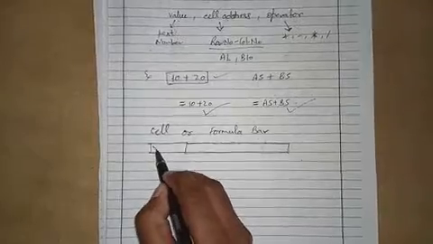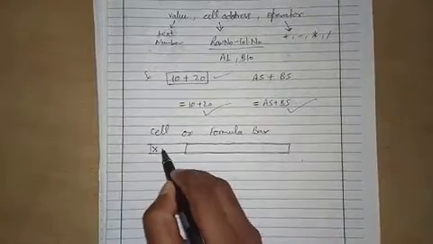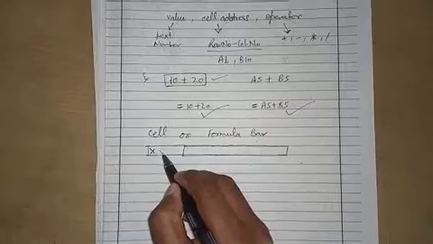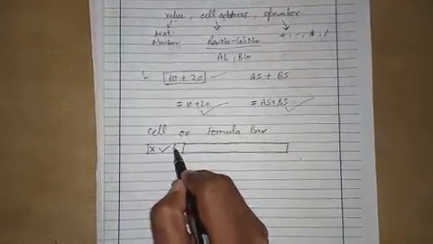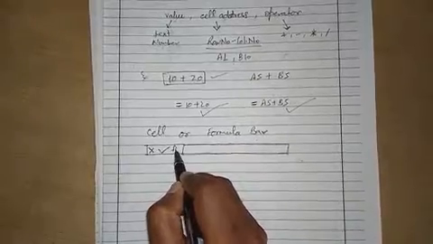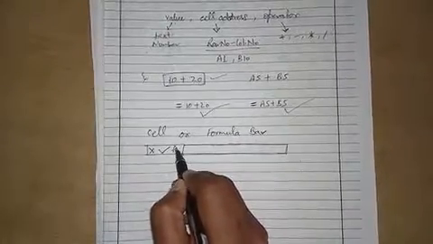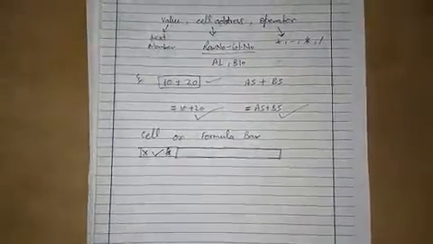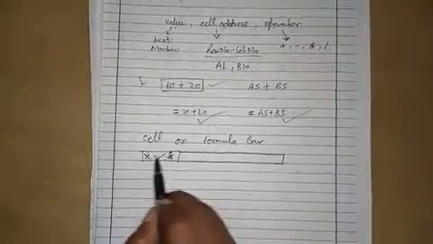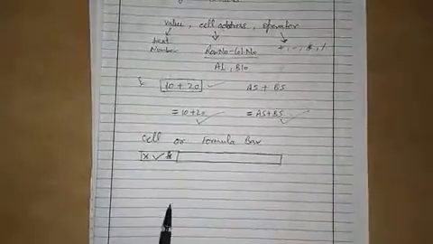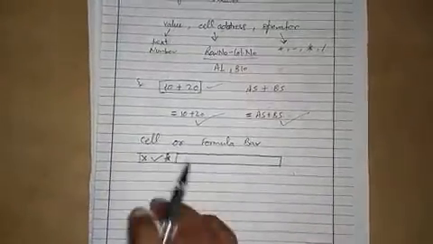Here you can see the cross sign, then the tick sign, and you can see here fx. This bar in Excel is known as the formula bar. In this formula bar you can write your formula.